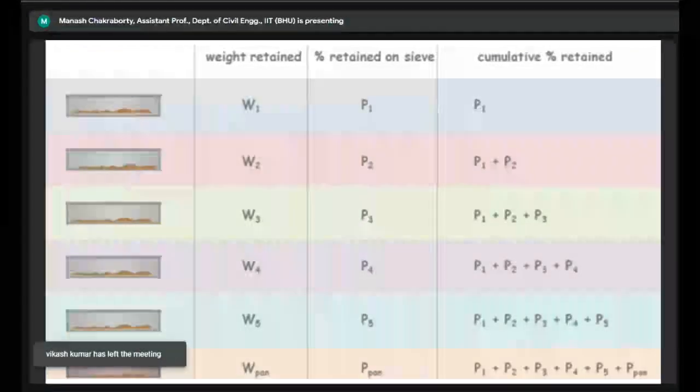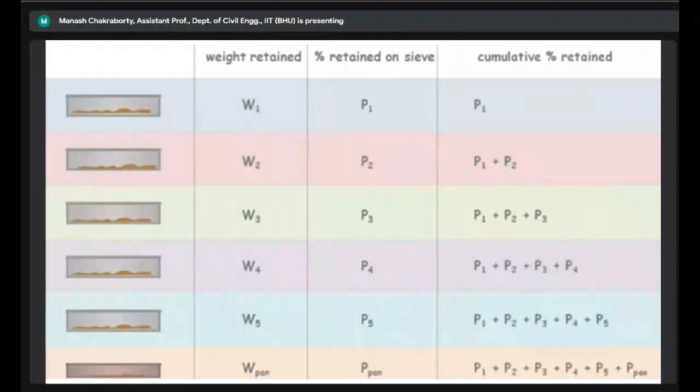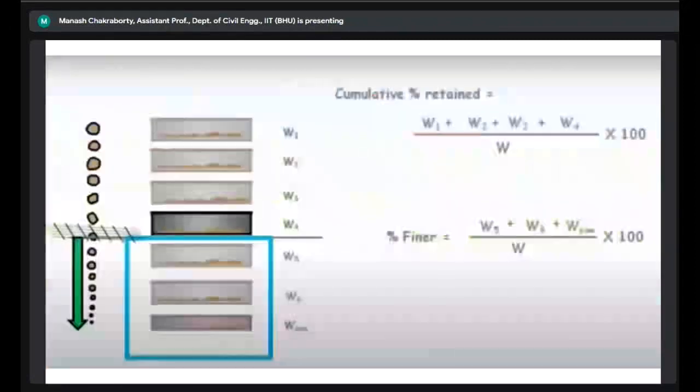So that's how we perform the cumulative percentage retained, wherein, let's say, if I have to get the percentage retained on the fourth sieve, I'll add up all these percentages retained, right? And then I will get the percent finer by subtracting this from 100%, right?